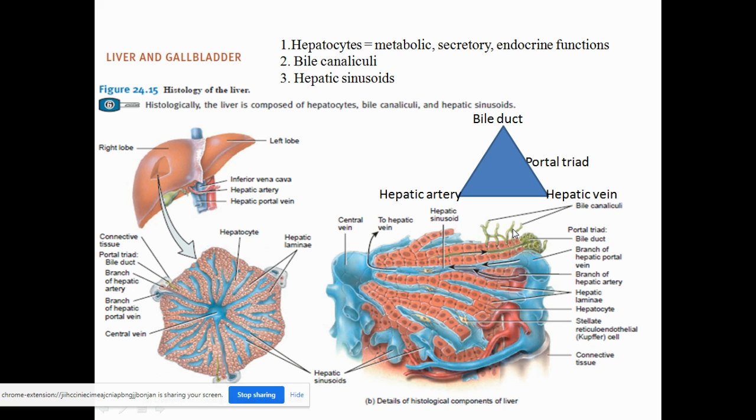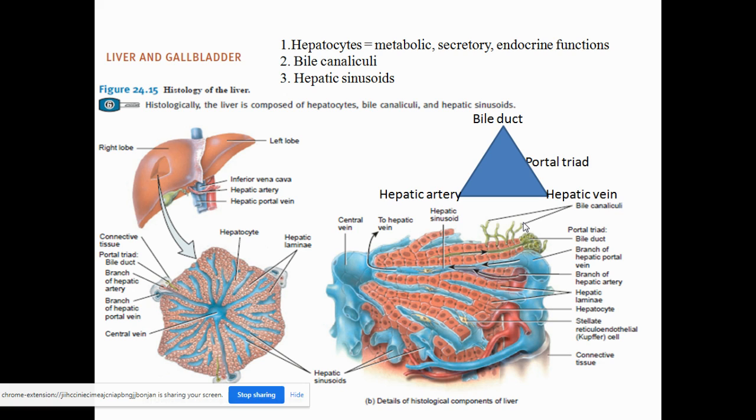The smaller ones are called the ductules. From the bile canaliculi, bile passes into the bile ductules, and then connects with the bile duct, the bile duct which comes out of the liver. From that, the bile duct merges and forms a large right and left hepatic duct.